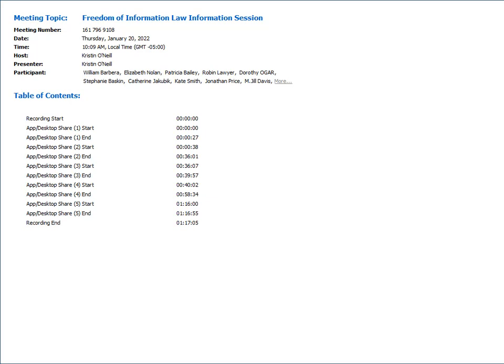They generally have 20 business days from the date of acknowledgement to respond. If they need more than 20 business days, they're supposed to give a reason for the delay and a date certain by which they plan to respond that is reasonable under the circumstances. The slides are available on our website.